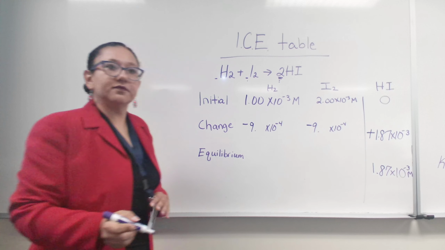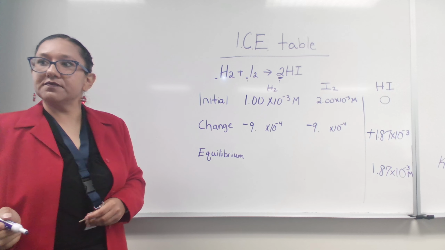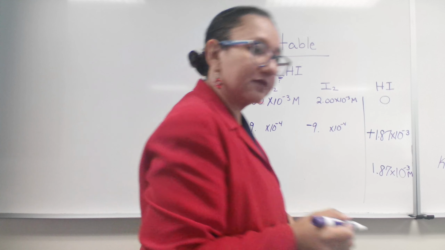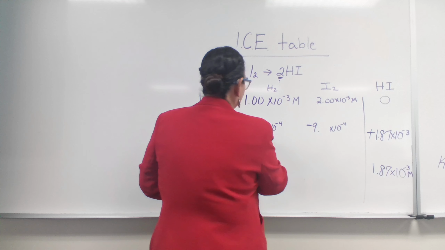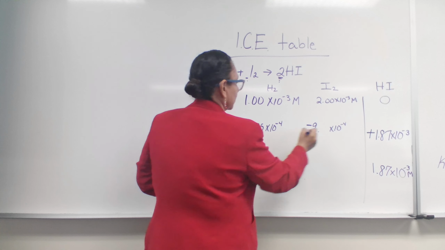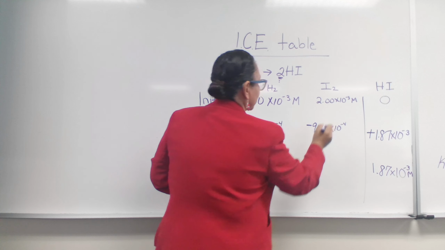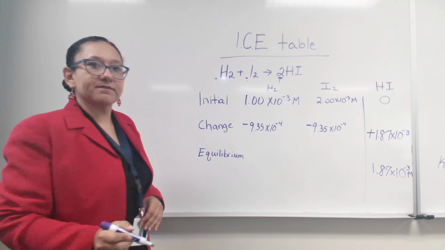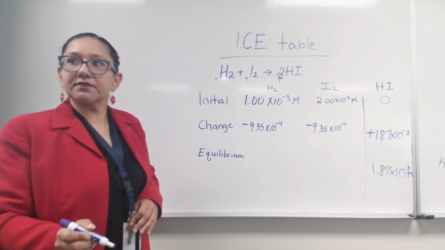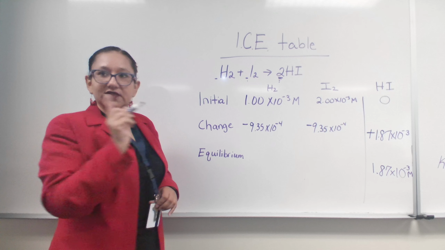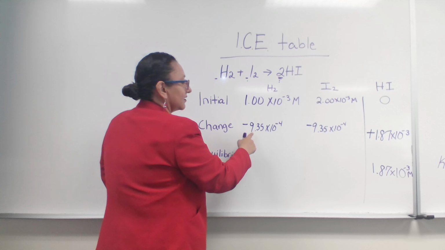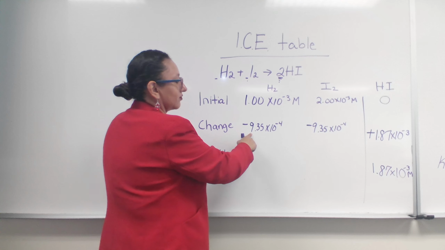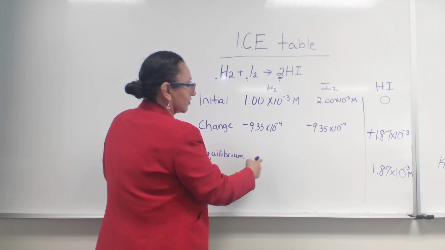What is that? Louder. 9.35 times 10 to the negative 4. Finish this and then I'll take questions. So 1 minus 9.35 times 10 to the negative 4 equals what?